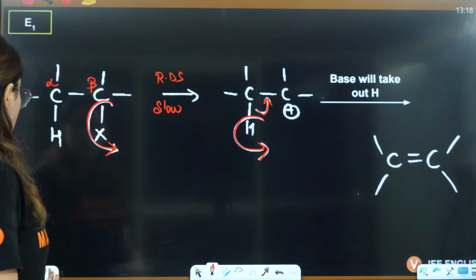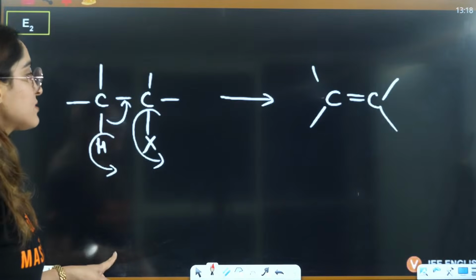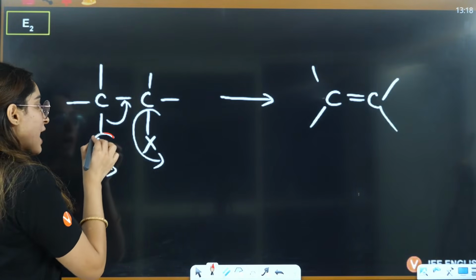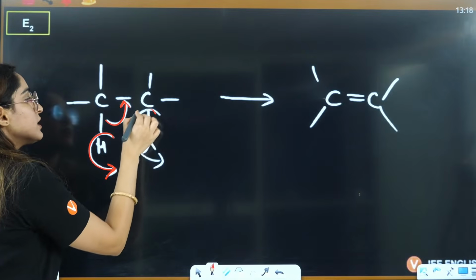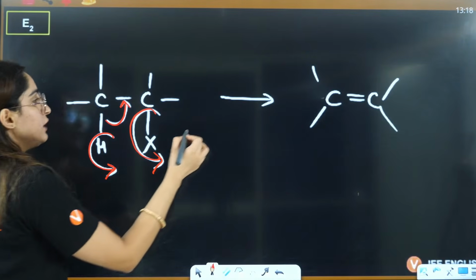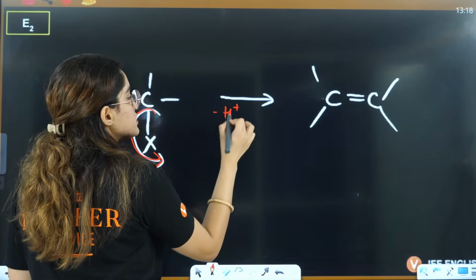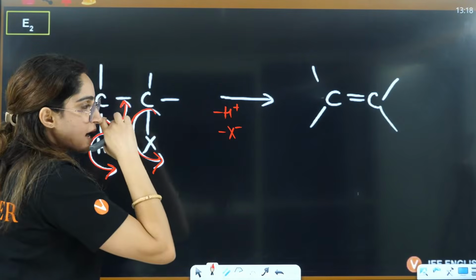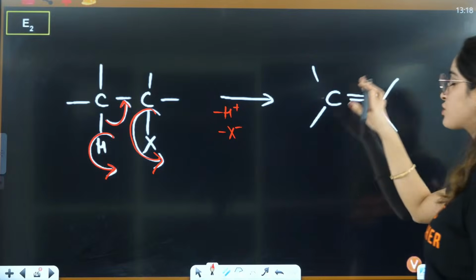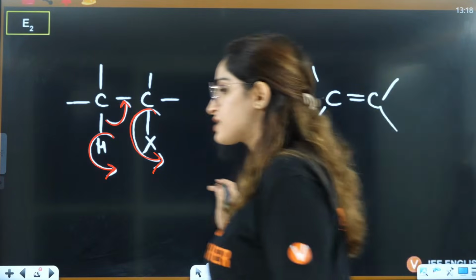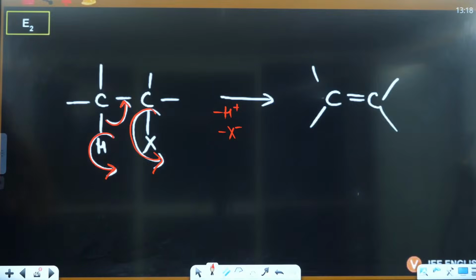But in E2 mechanism, base will abstract the proton, this bond will shift here, this X negative will leave, so H positive is abstracted and X negative leaves from here. In just one step you will have the formation of alkene.